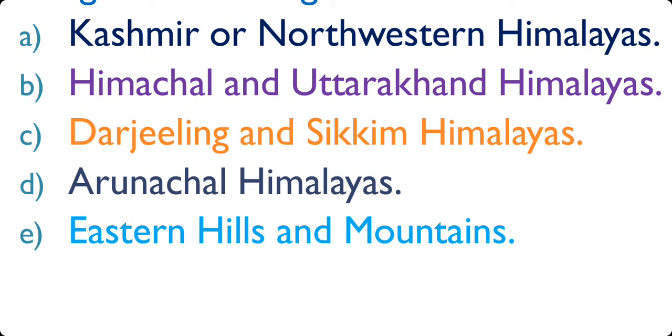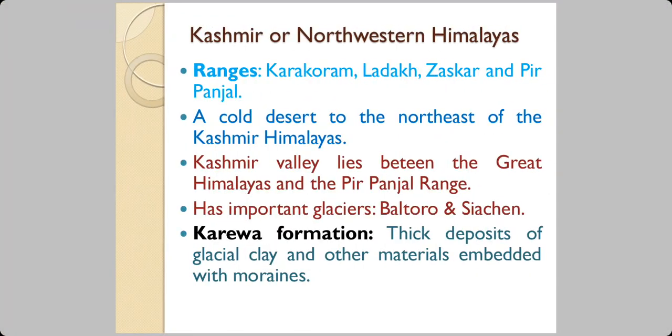Think of Jammu and Kashmir being the northernmost, and below that you have the Himalayas, Himachal and the Uttarakhand. Then we have the Darjeeling and Sikkim on the eastern side of Nepal. Then when you go further east, you have the Arunachal Himalayas, and of course then the eastern states, the Seven Sisters, as they are known, they consist of hills and mountains. They are also part of the Himalayas.